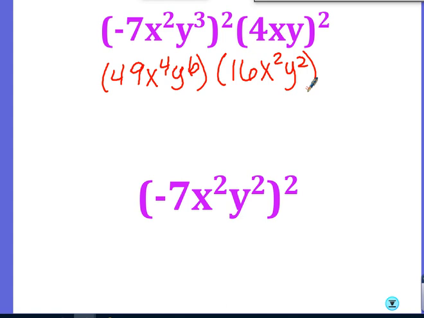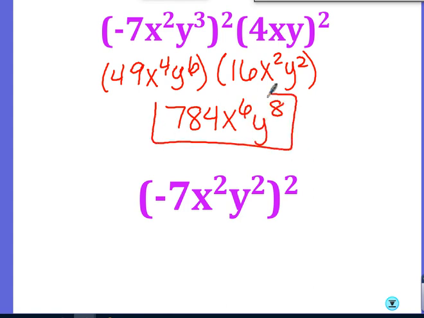Now, you will multiply your coefficients and add your exponents, giving you a final answer of 784, x to the 6th, y to the 8th.